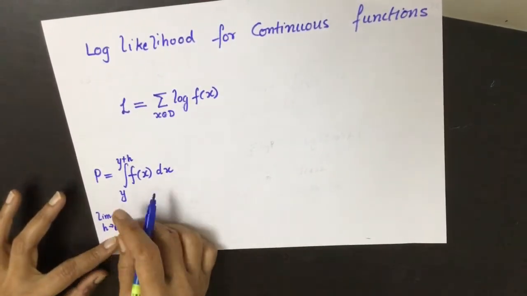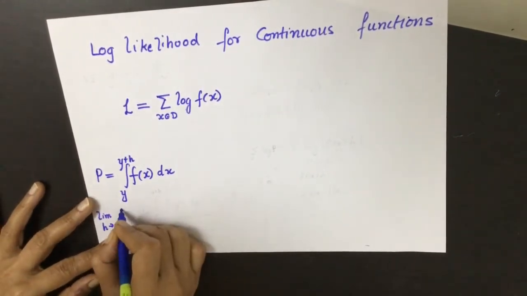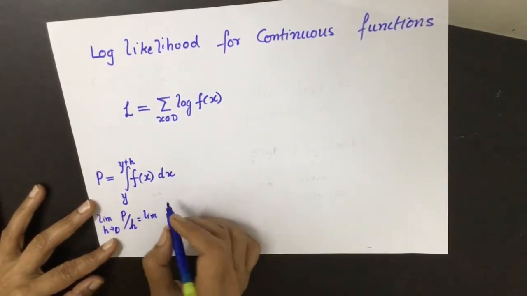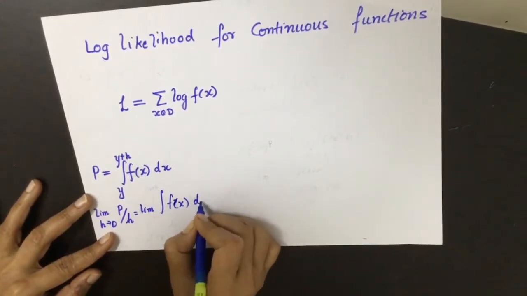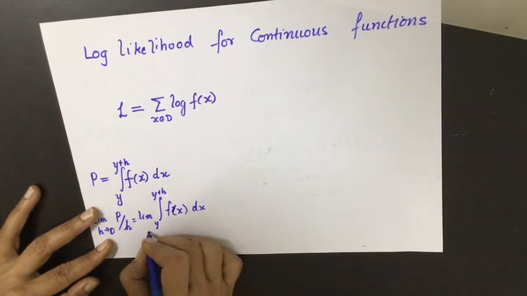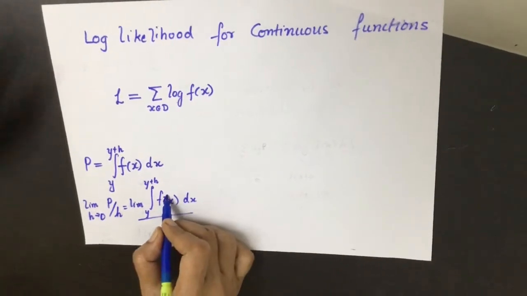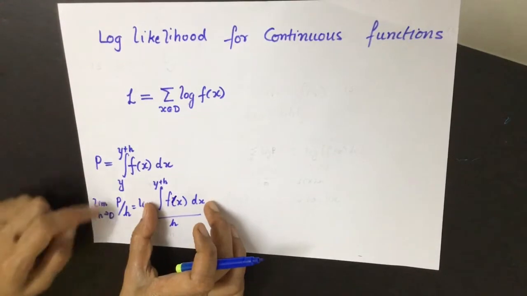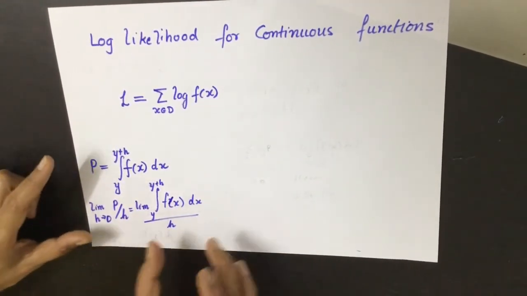Now let's take the limit of this probability over h, where h goes to 0. The interval is becoming smaller and smaller and it goes to 0. What happens to this? It becomes the integral of f(x) from y to y plus h, divided by h. Now we know that for a probability density function, as h goes to 0, this probability should also go to 0. So the numerator and denominator both go to 0.